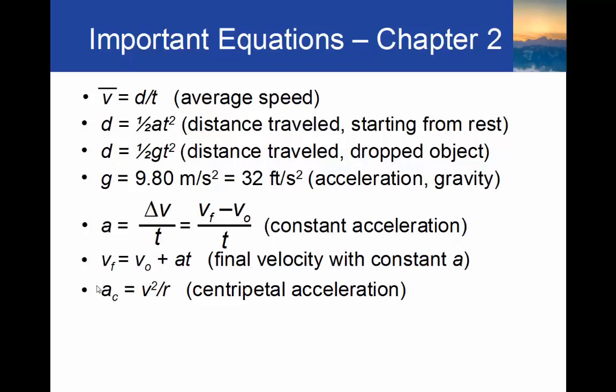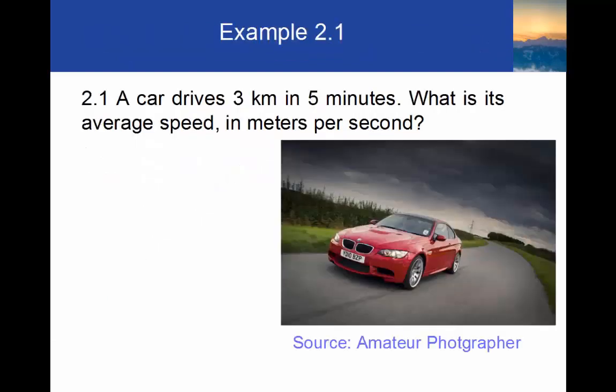And finally, if you have an object which is moving in a circular motion, then the centripetal acceleration for that object is the speed squared divided by the radius of the circle about which the object is moving. So with that said, let's proceed to the example.